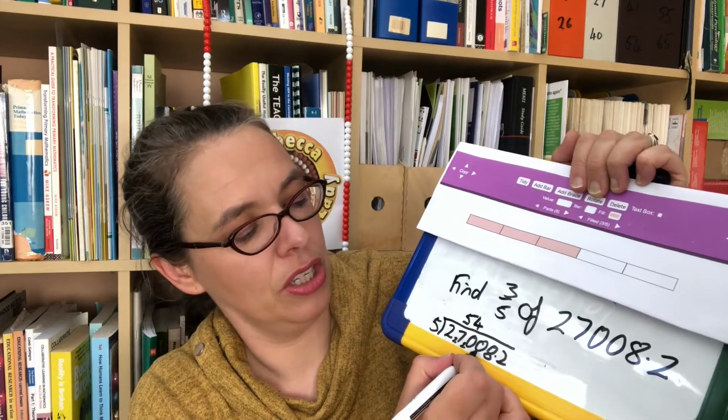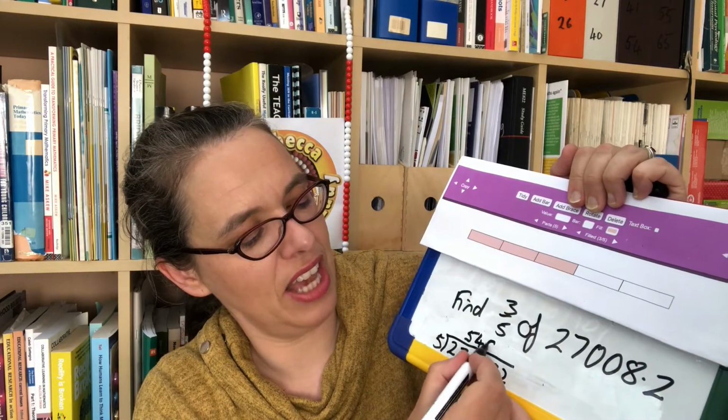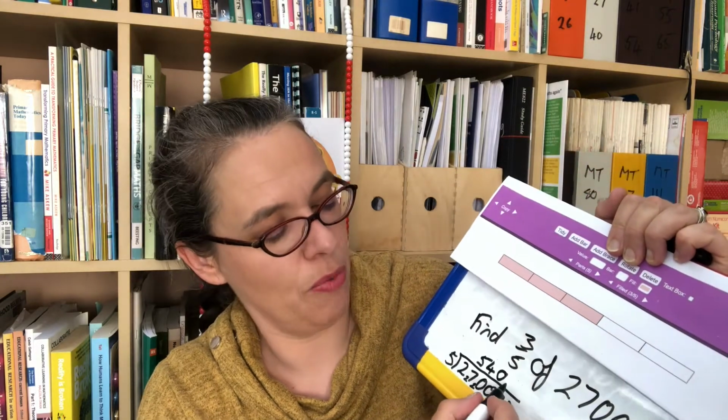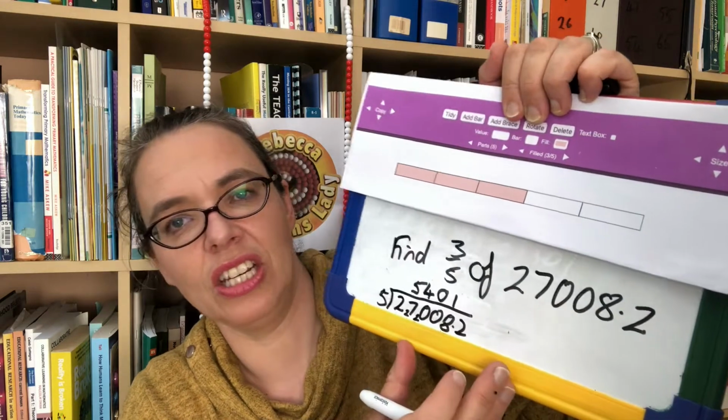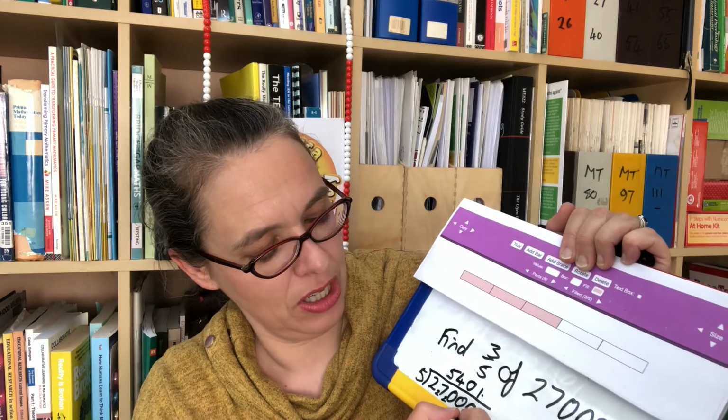Okay, carrying on. We've got no 10s, so that's going to be nothing to put in each section. We've got 8 1s, so we can put 1 in each section, and we have 3 left. So we have to change them into tenths. We've got 32 tenths, so we can put 6 in each section.